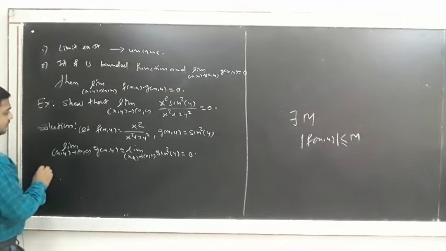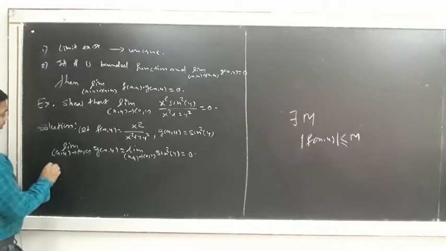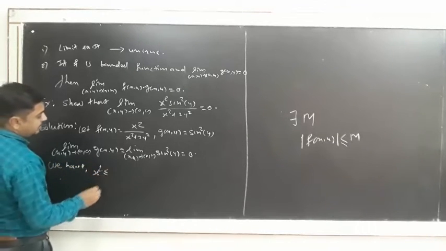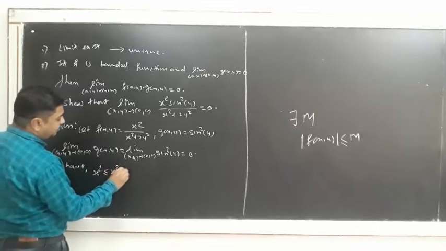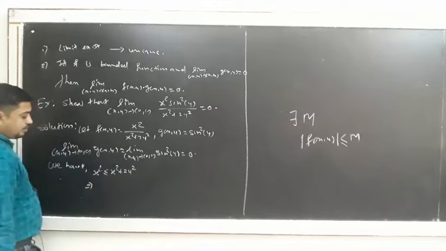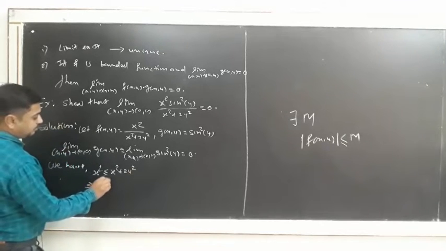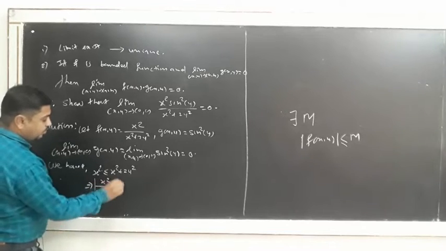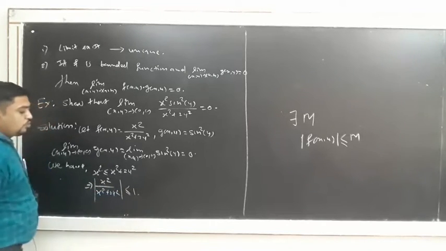We have x square less than or equal to x square plus 2y square, and from this, mod of x square upon x square plus 2y square must be less than or equal to 1.